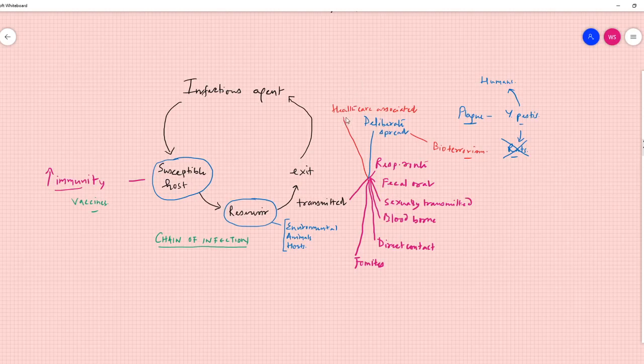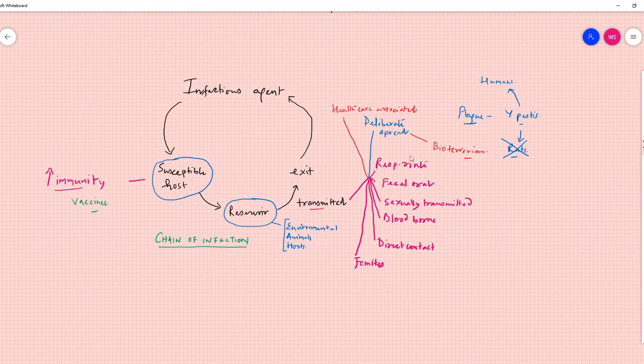So that is what we mean by healthcare associated spread. So it can be transmitted. By transmission, it basically exits the reservoir.